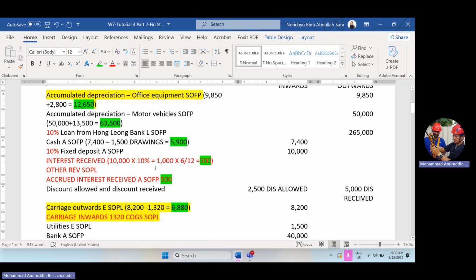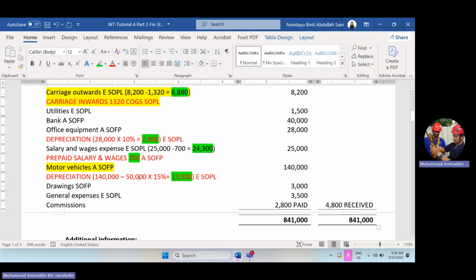Do we have drawings? Where is the drawings? We have just now, right? So my drawings now, you see got two transactions, right? One go to SOPL, another one will go to SOFP. Okay, so my drawings, original is 3,000.